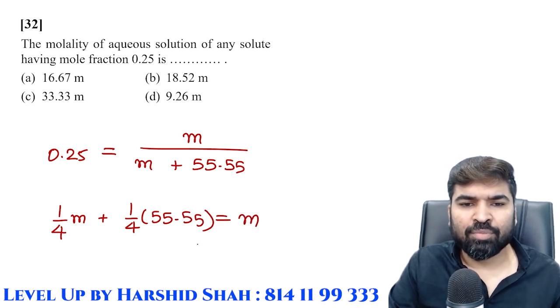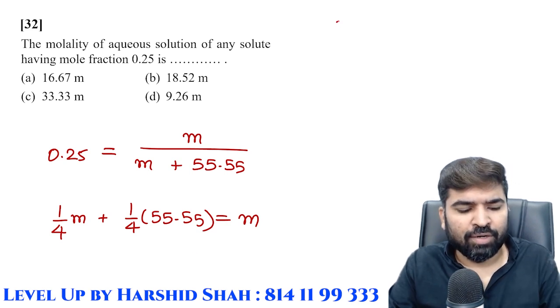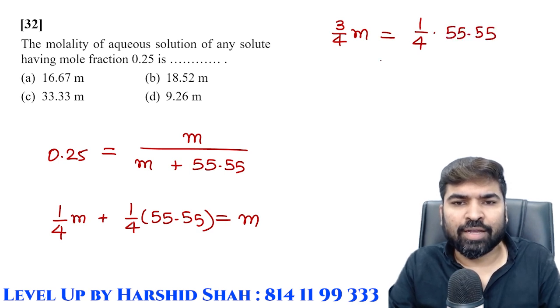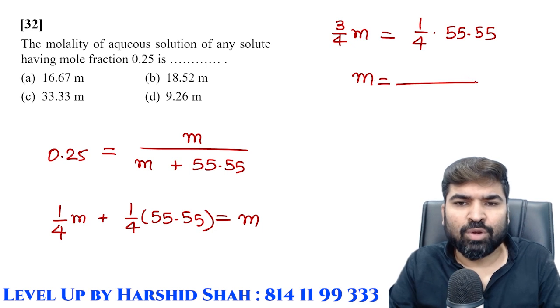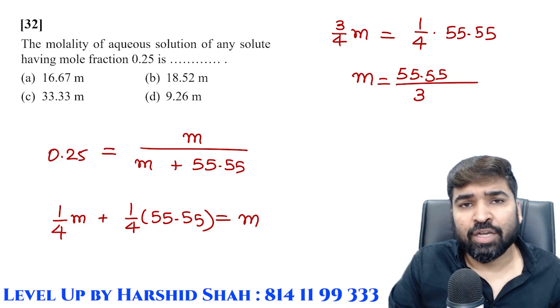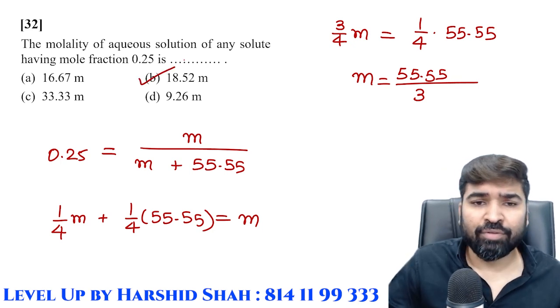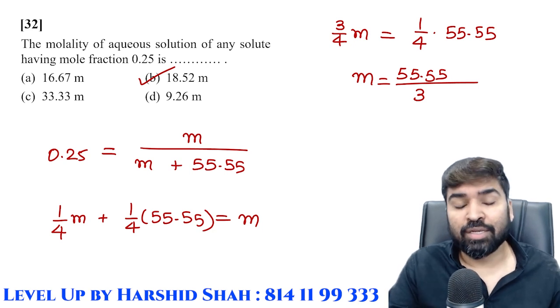Subtract the 1 by 4 m on this side, so we get 3 by 4 m is equal to 1 by 4 of 55.55. Cancel the 4, you get m value, which is 55.55 divided by 3. If it is 54, it is going to be 18. So the answer will be 18.52. Option B is the correct answer.